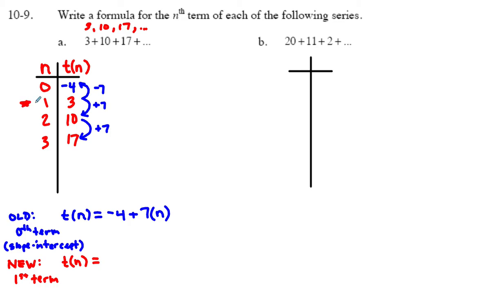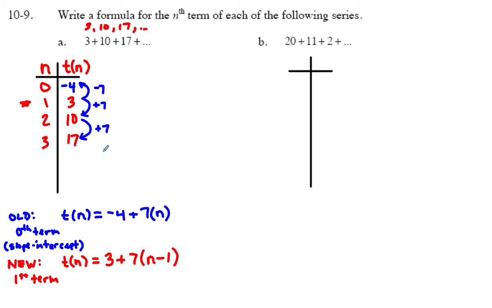The first term in the series is 3. So we're going to list out 3. A lot of people like that better because you don't have to go back and find the zeroth term. You just know that you're using the first term in the series. So we have 3 plus 7, which is still our common difference. And the difference now with the last part is instead of just multiplying it times n, we're going to multiply it times the quantity of n minus 1.